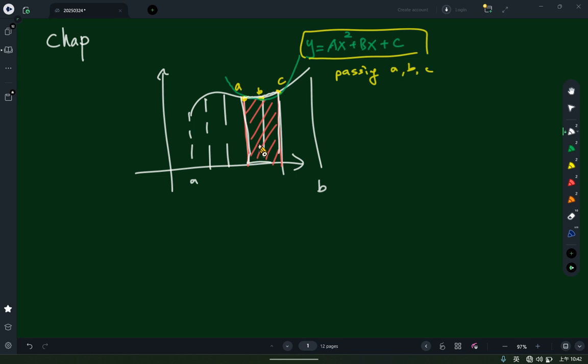But if you just use the parabola, the curve will be like this one. So you can see there are still some gaps in between, right? But in this case, for every 2 subsegments, for these 2 ones, I can find another y equals a prime x squared plus b prime x plus c to simulate the curve.